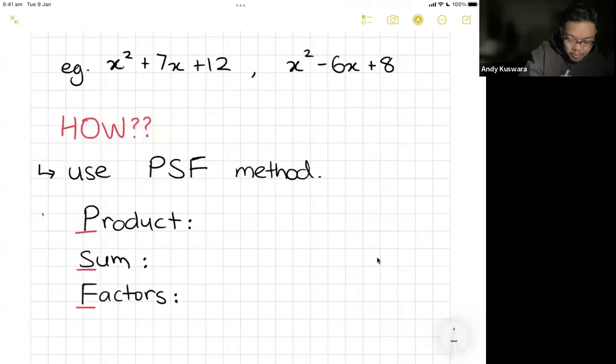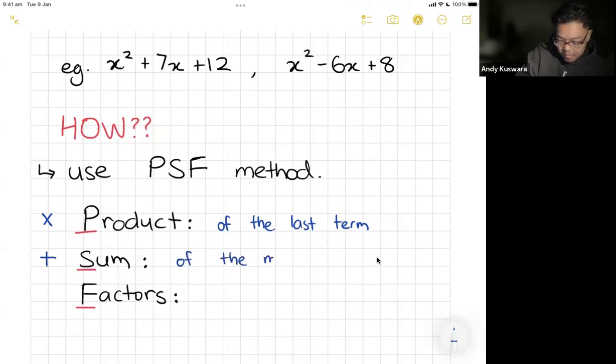In case you've forgotten, product is times, sum is plus. Now, we want the product of the last term. The sum of the middle term. And the factors are your factors. So I'll explain.